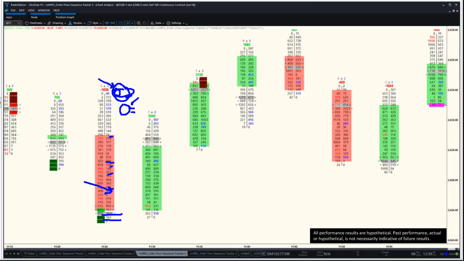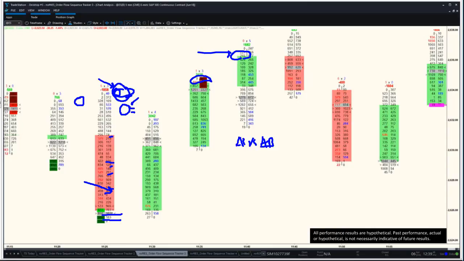Also, you'll see the green number at the top here. That's a 765. There's 2031, 816. That's called the delta. That's the net. This is the net of all aggressive sellers versus aggressive buyers.